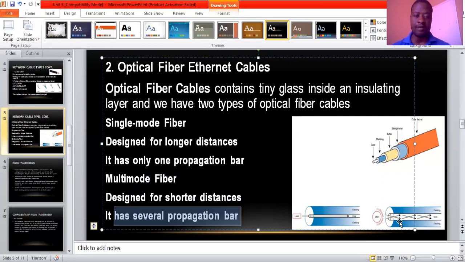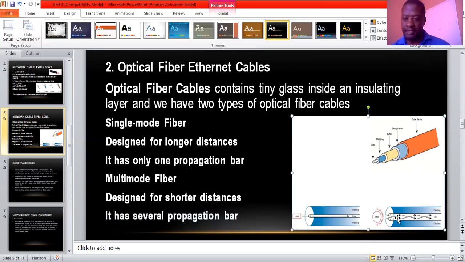If you check here, this is an example of a multi-mode fiber cable. As you can see, in the middle here it has several propagation bars.